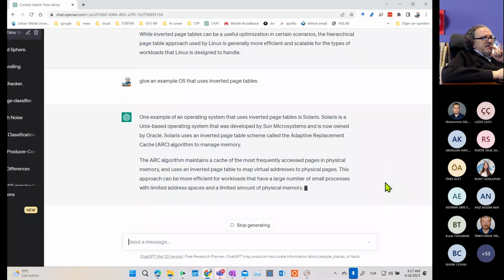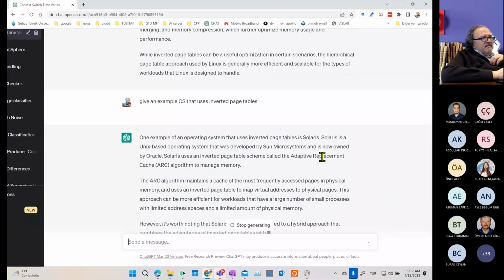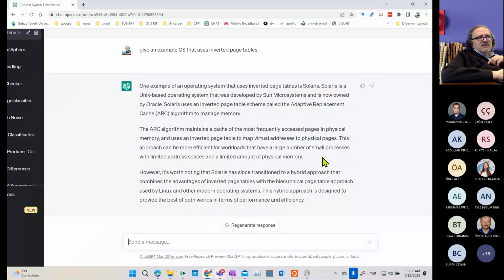Solaris, it's a Unix-based thing. Well, again, I am not sure if this is correct. Solaris was the flag holder of the Unix world for maybe 10 years in the 1980s and 1990s, maybe.